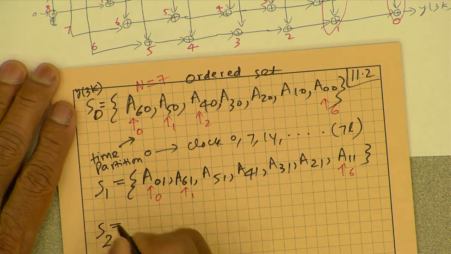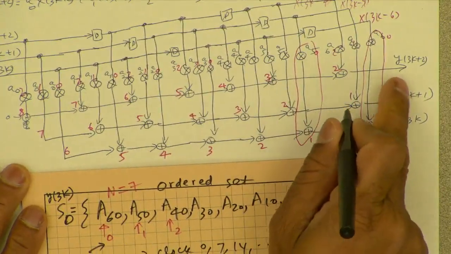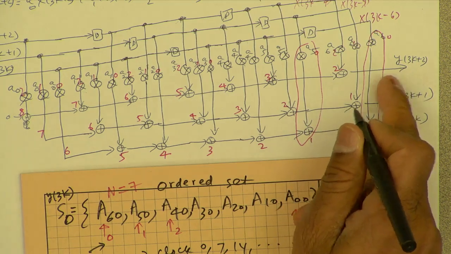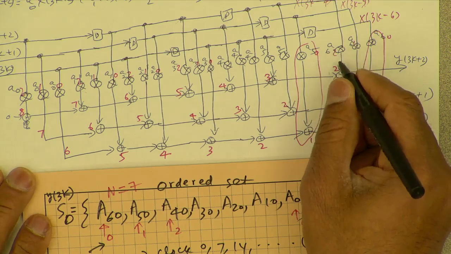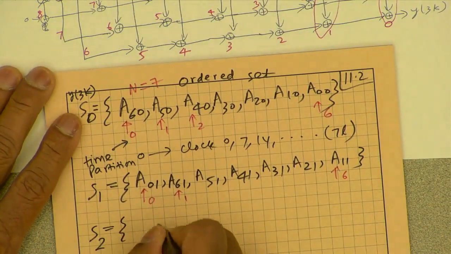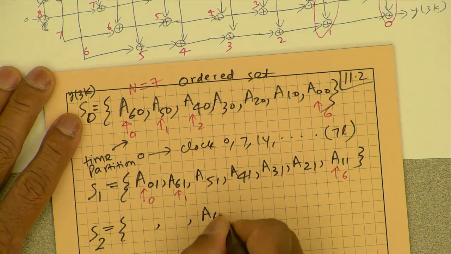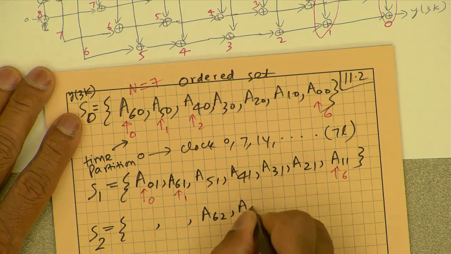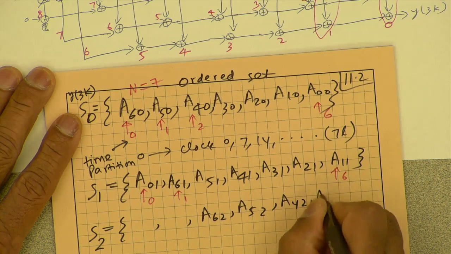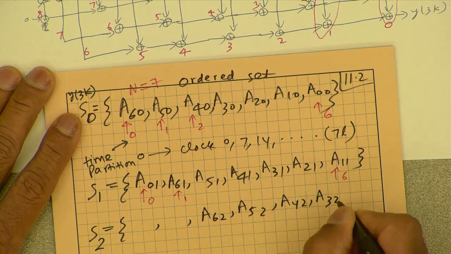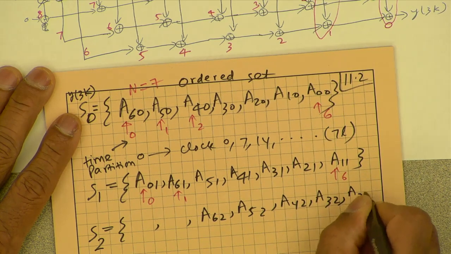S2, PE2, is computing Y3K plus 2, and it computes A62 in clock cycle 2, then A52, 42, 32, 22.